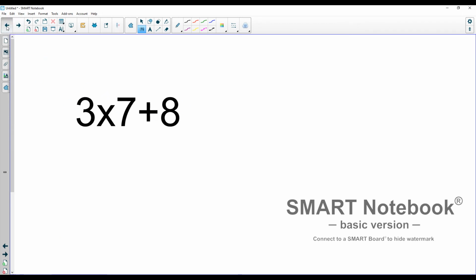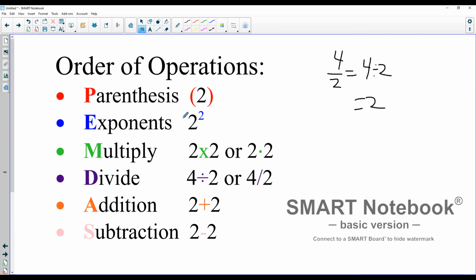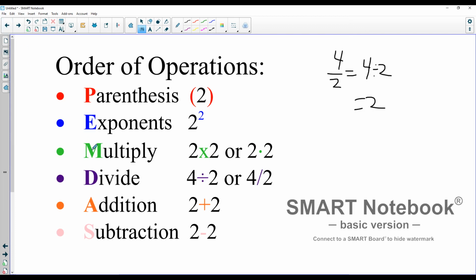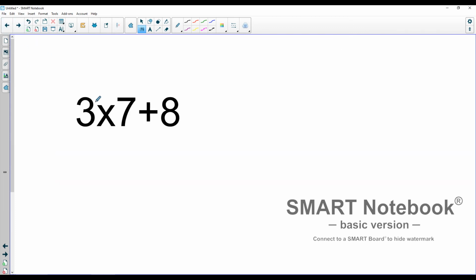We don't. What about exponents? Nope. Well, we have multiplication right here. So we take 3 times 7, which is 21. The only thing left to do is add 8, so our final answer is 29.